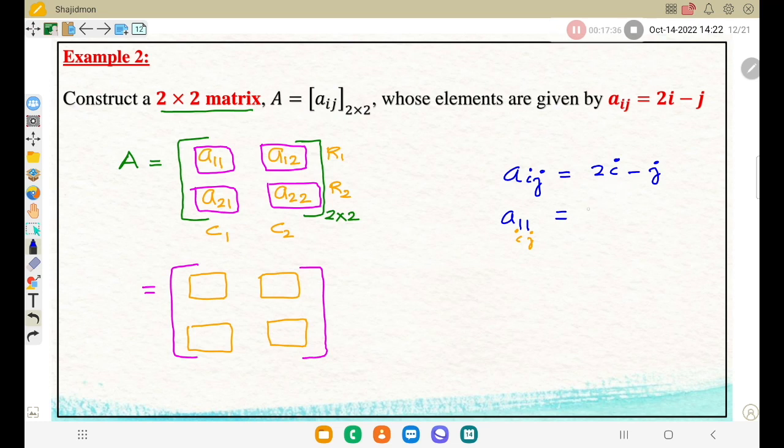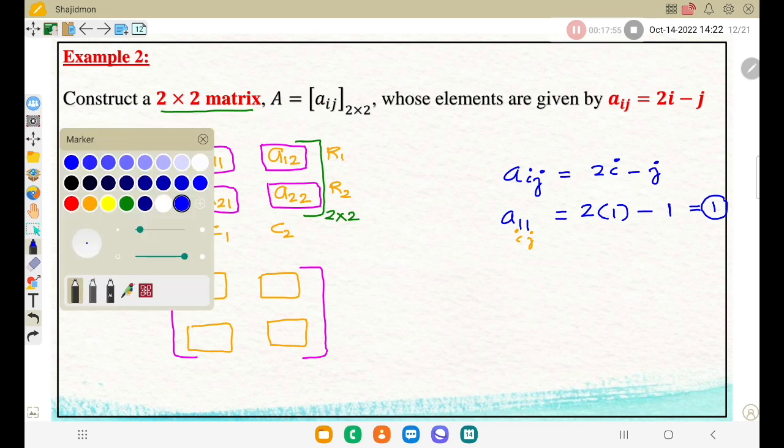So apply here 2 times the i number. The i number is the first suffix, that is 1, minus the j number 1, correct? So 2 multiplied by 1 minus 1 means you will get 1, the first number. So that number we are writing here, 1. Now in the same way we calculate the second number.